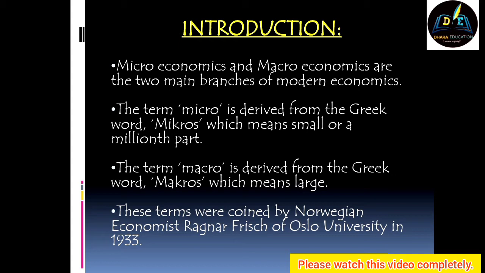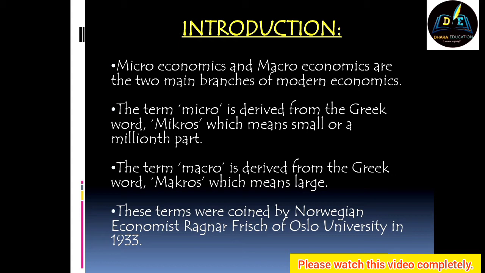The opposite of micro is large. These terms were coined by the Norwegian economist Ragnar Frisch of Oslo University in the year 1933. So he was the inventor of micro and macroeconomics. You can say he is the inventor of modern economics.